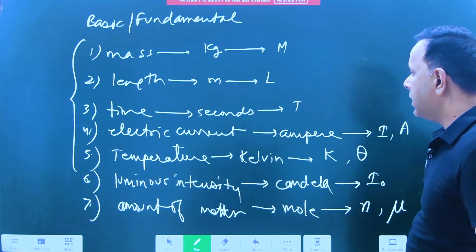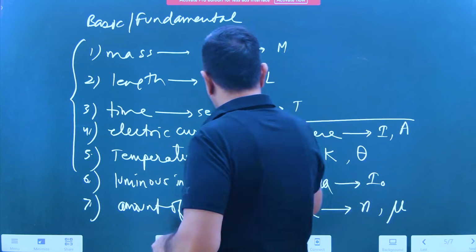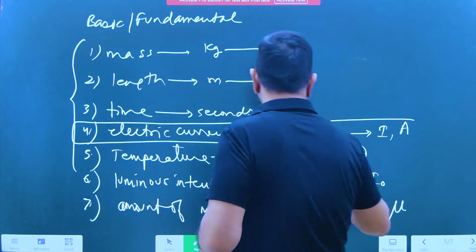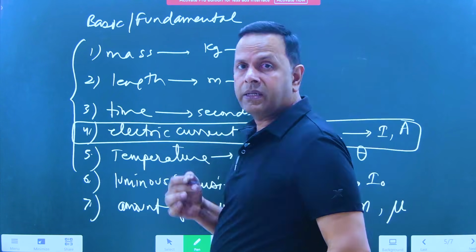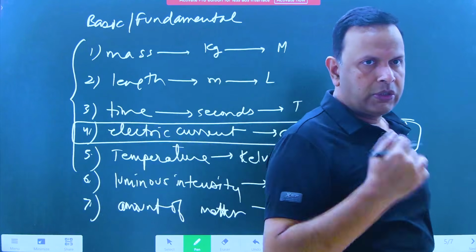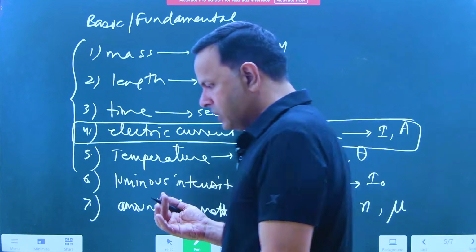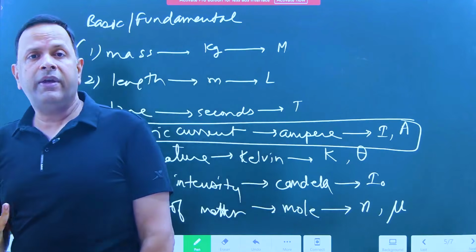Let's go back to the list. Yeah, see, only this one entry seems like an exception, that electric current can be defined as the rate of flow of charge, right? Rate of flow of charge. That's how we can define the current.